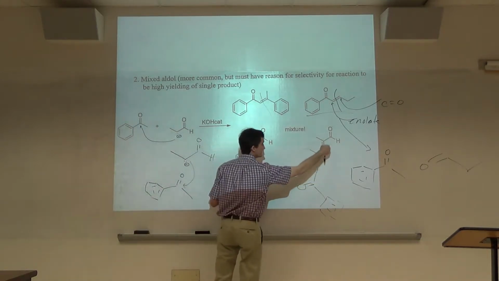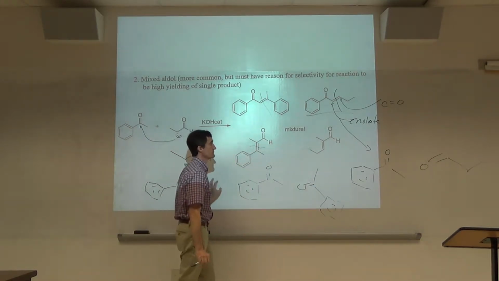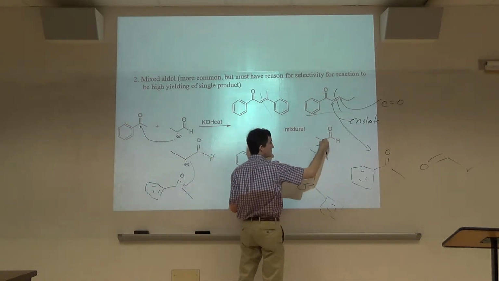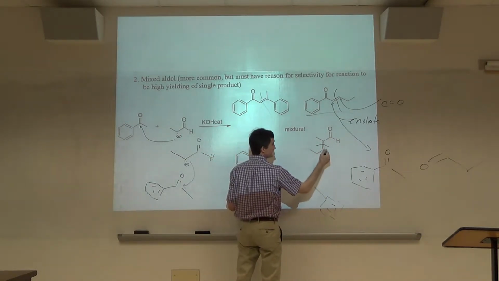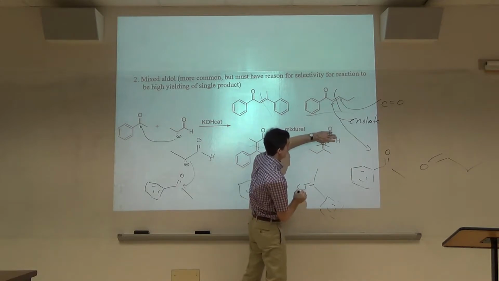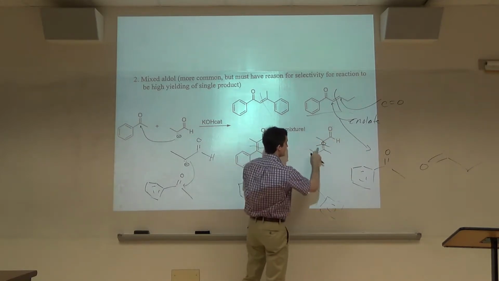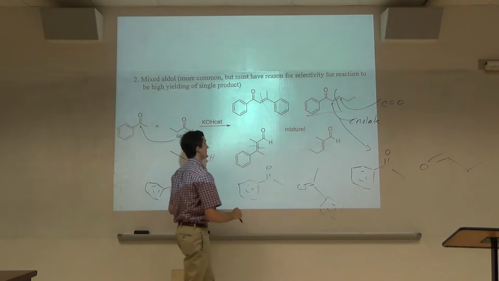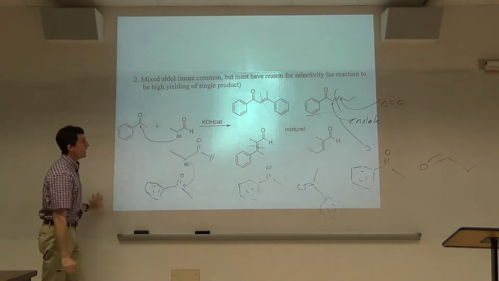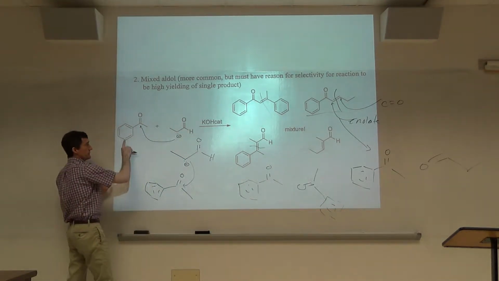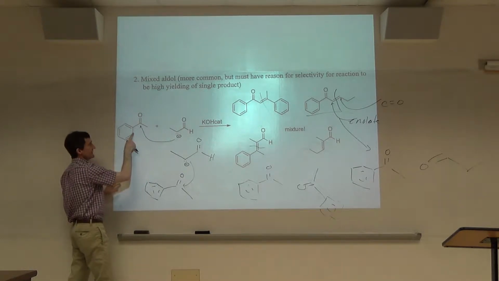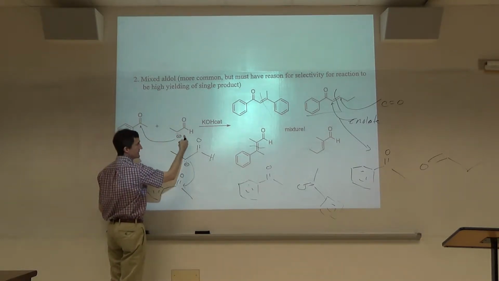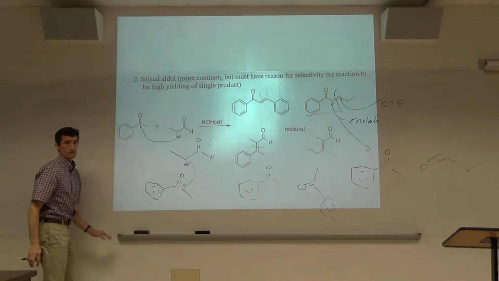How do you make this one? Enolate attacks itself, that's the aldehyde. If you turn that into carbonyl, that's the same aldehyde as up there. In the end, if you combine these, this can act as enolate or carbonyl, and this can act as enolate or carbonyl, so you get 4 possible products.